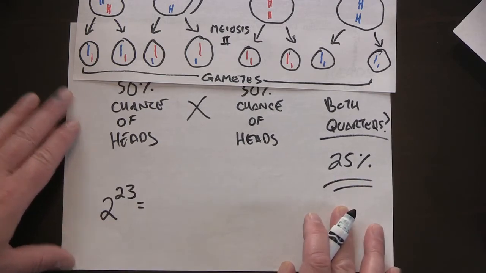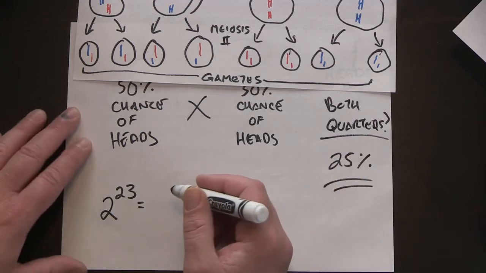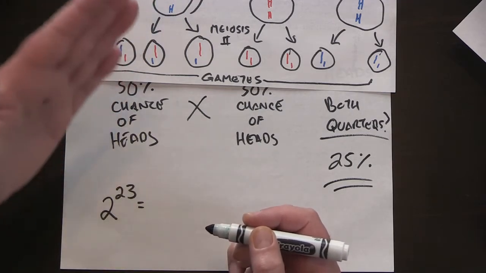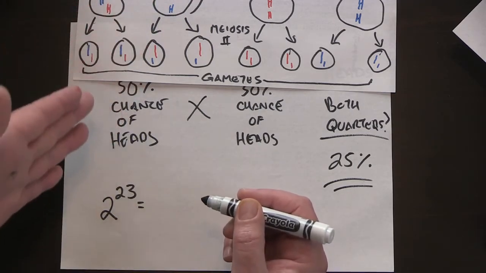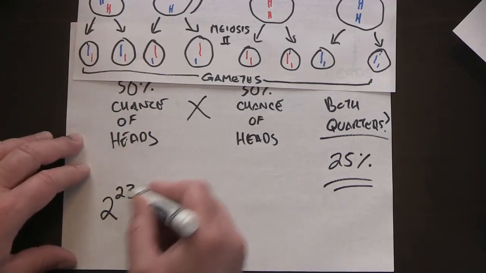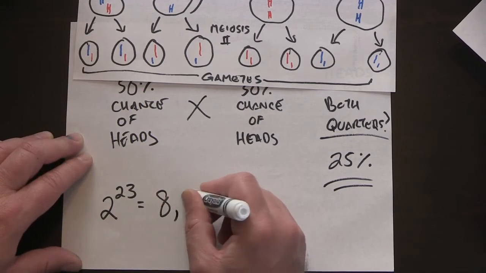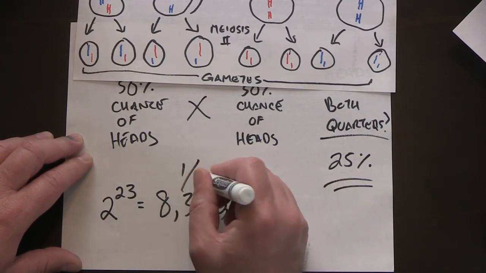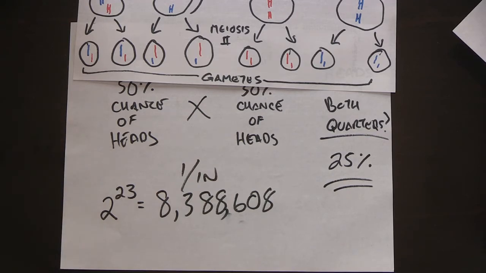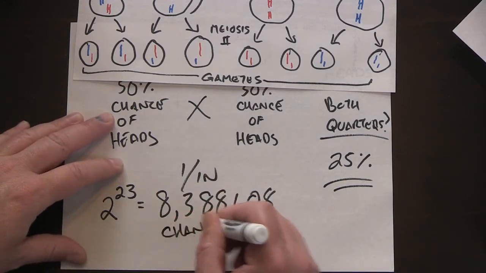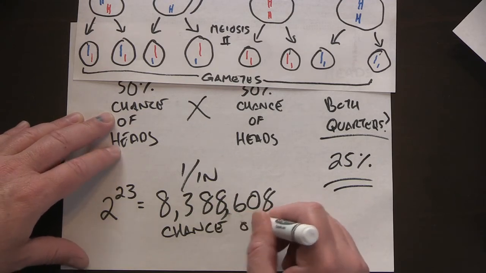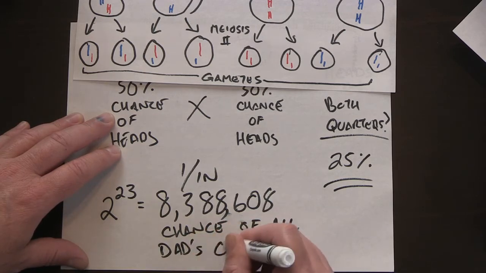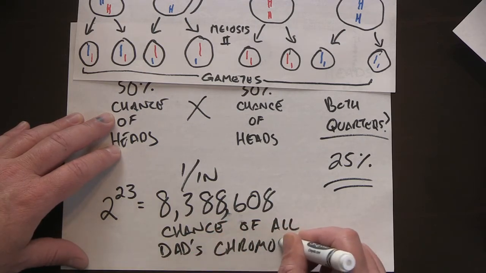Again, this is just a little bit beyond what we're going to be covering on the exam, but it shows you how this works. The probability of getting all your dad's chromosomes in one sperm, let's say, or all your mom's chromosomes in one egg, is 1 in 2 to the 23rd power, which ends up being 8,388,608, a 1 in 8 million and change chance of getting all one parent's, say dad's, chromosomes in one gamete.